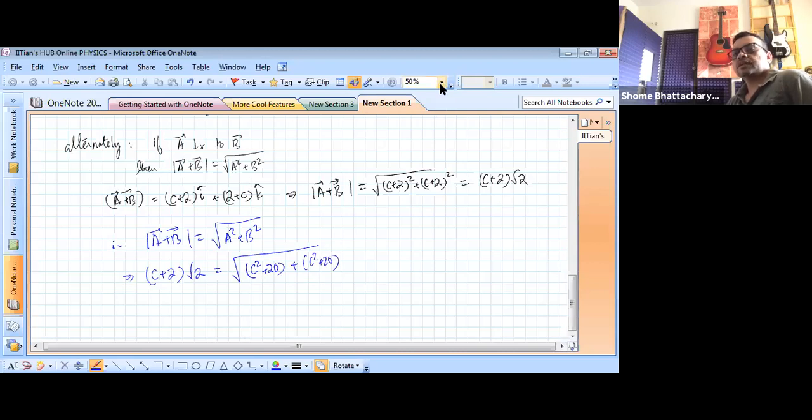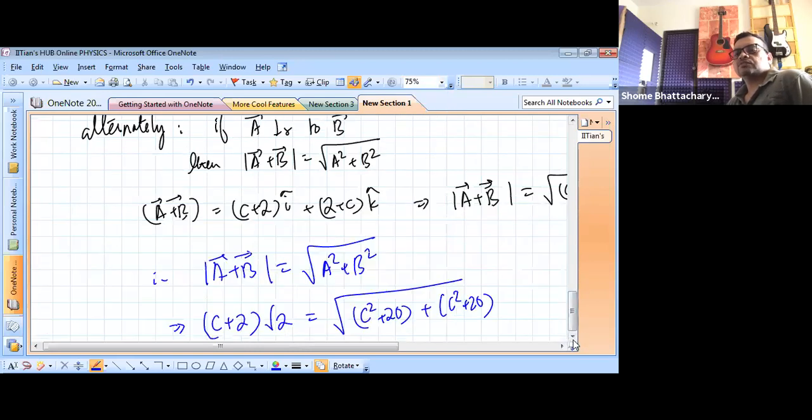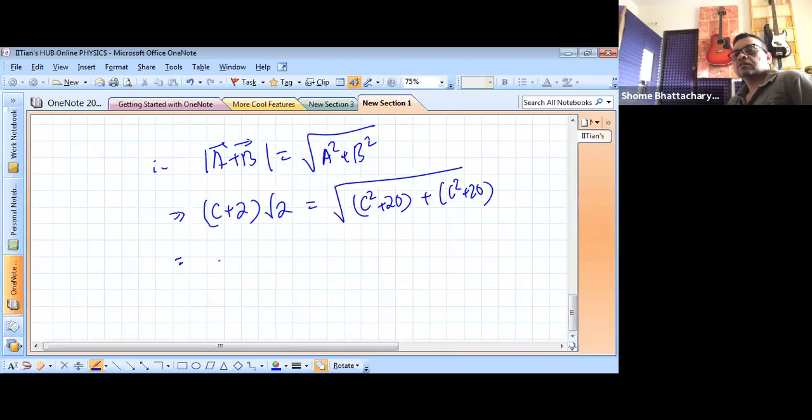Now to solve this, we can square both the sides. So squaring both the sides, we will get C plus 2 whole square into 2 should be equal to 2 times C square plus 40.